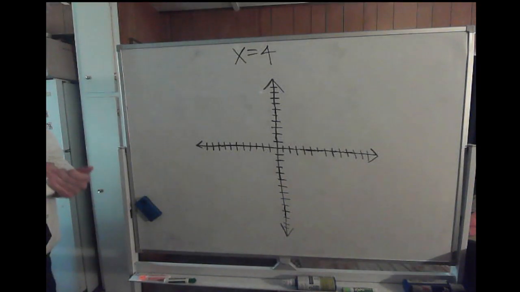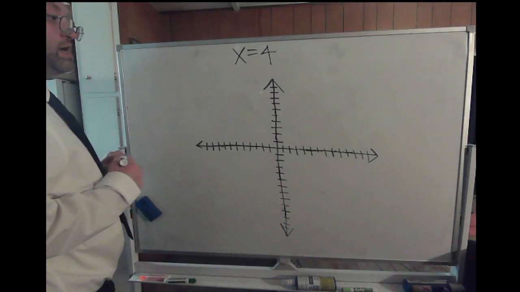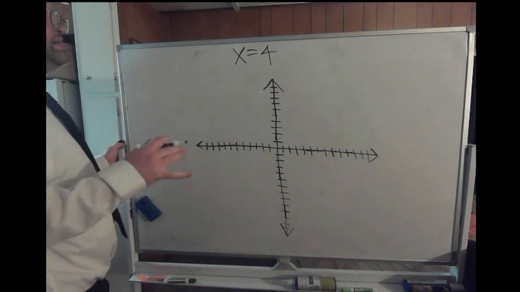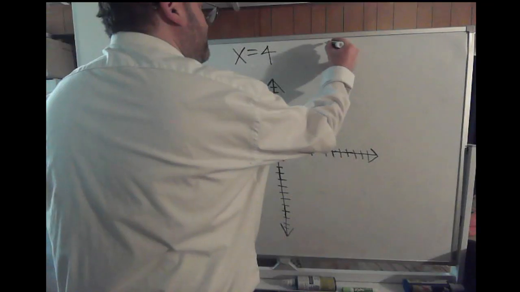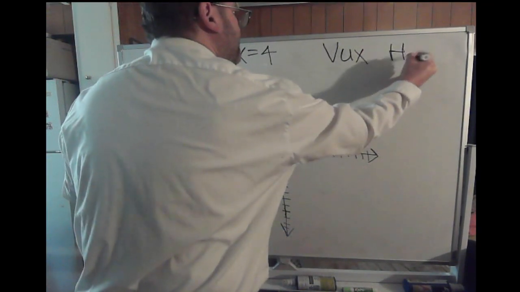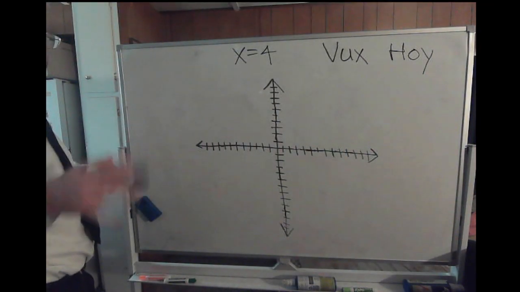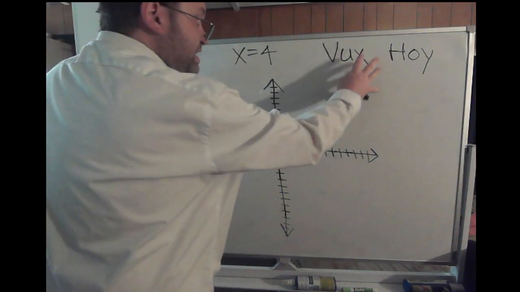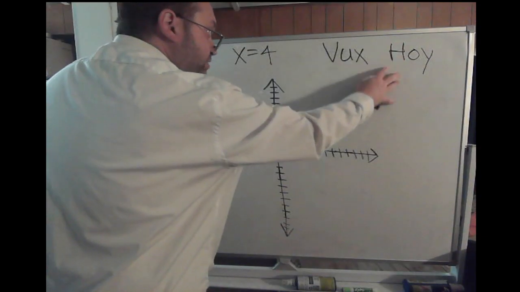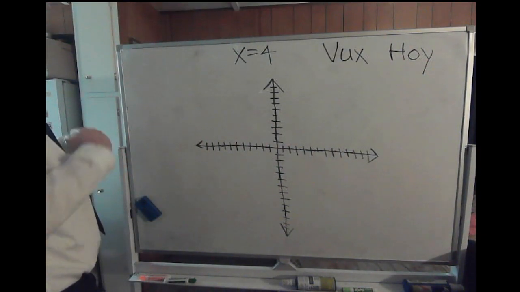This is a good time to remind you, we touched on it in pre-algebra, but if you remember, VUXHOY, and this is going to come up again in Algebra 1, this is an acronym to help you remember what's about to happen here.